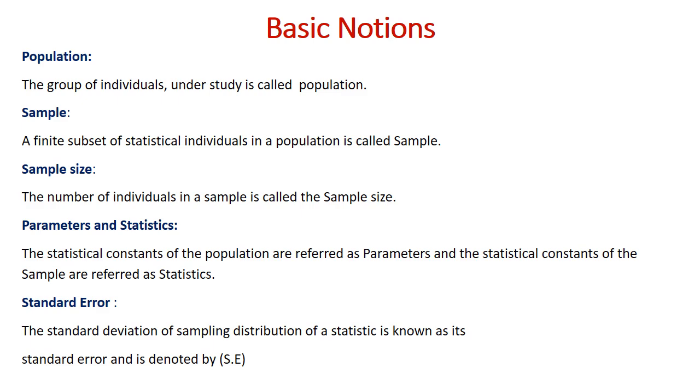Individuals in a sample is named as the sample size. Statistical population are referred as parameters, and the statistical concept of the sample are referred as statistics. The standard deviation of sampling distribution of a statistic is known as its standard error, and it is denoted by SE.